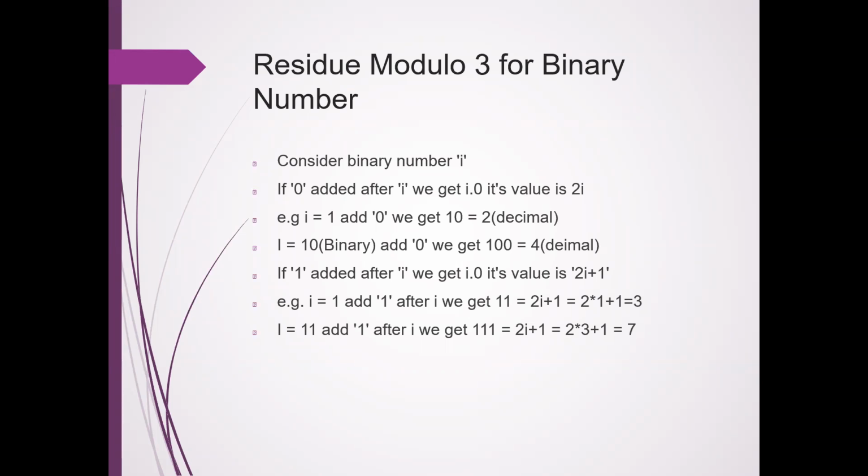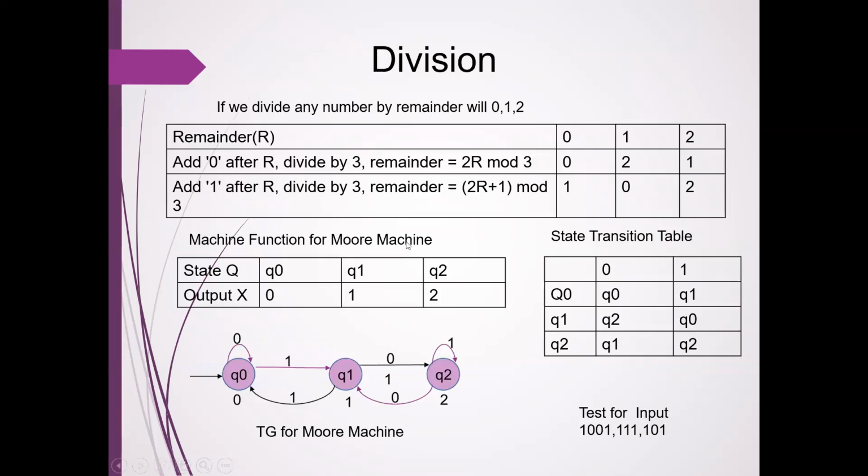So there will be a self loop on Q2 for input 1, right? Done? Yes, ma'am. Now cross check your state transition diagram. Is it correct? Yes, ma'am.